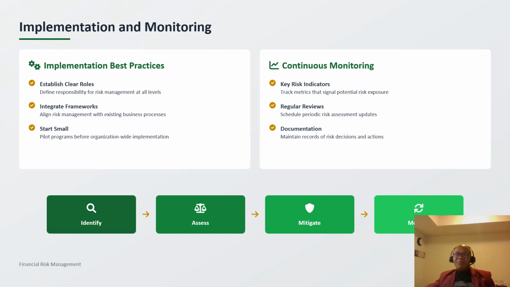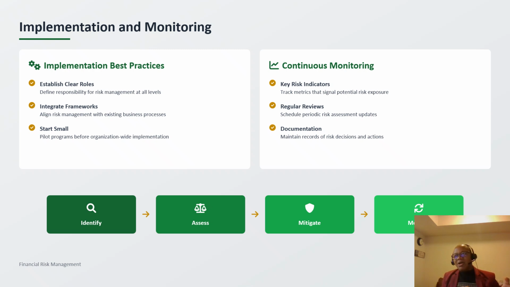We implement best practices. First, we establish clear roles and responsibility. Look, clear roles, responsibility, and accountability. So we define clear roles and responsibility for risk management at all levels of the organization. We integrate frameworks.